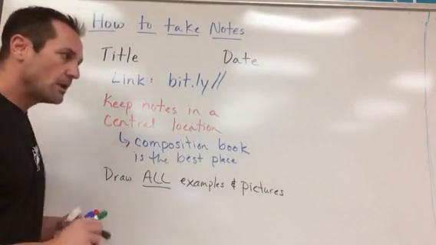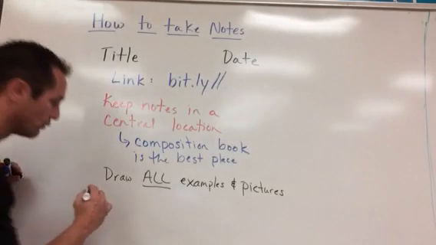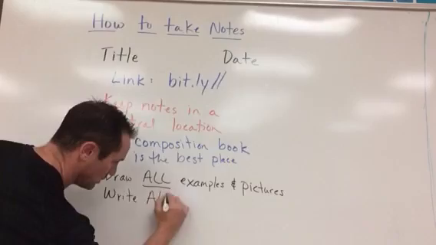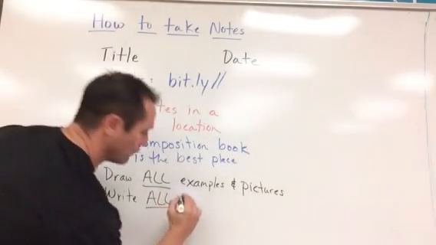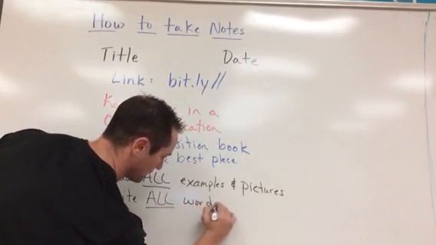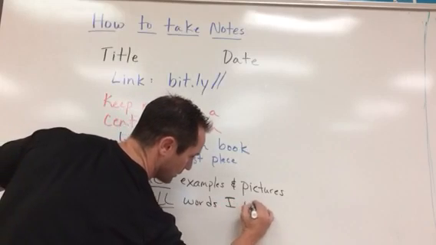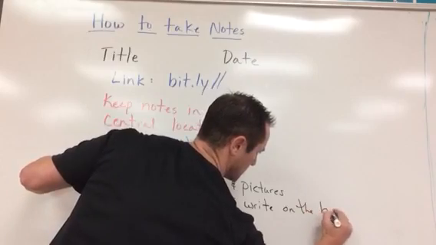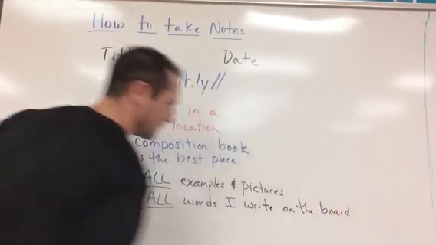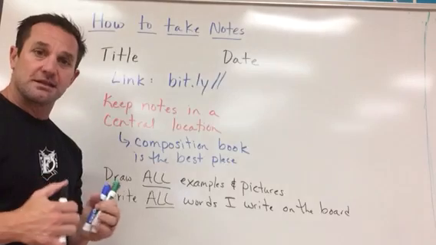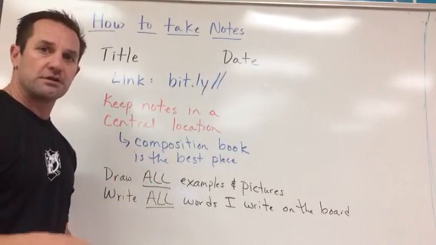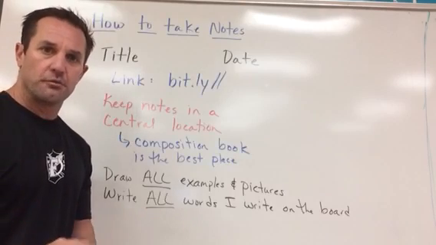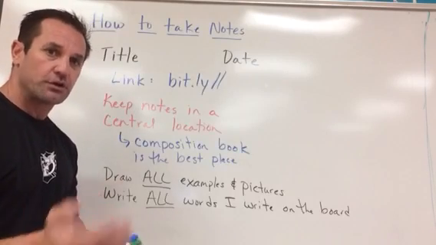Okay? The next thing you're also going to want to do is write all of the words I write on the board. So, again, similar to the examples and the pictures, if there's something that I'm writing down, it's very important that you write it down so you can refer back to it.